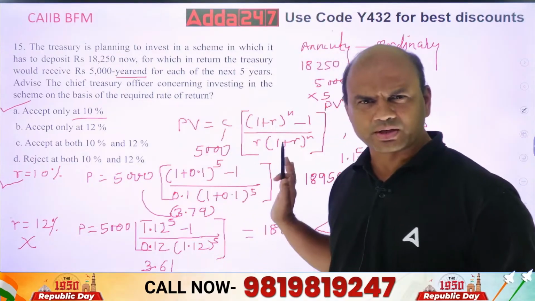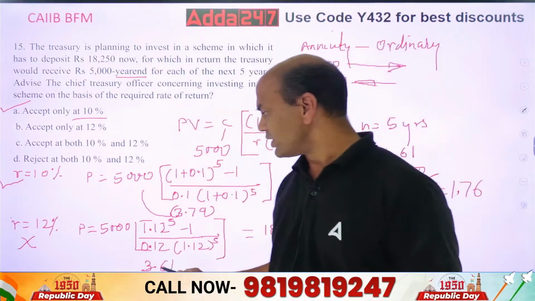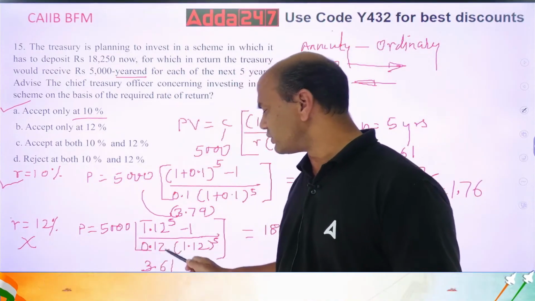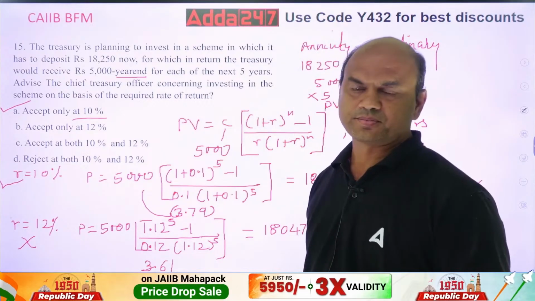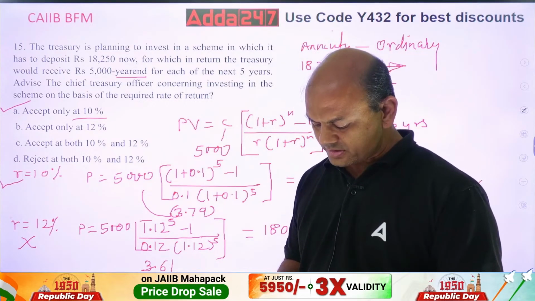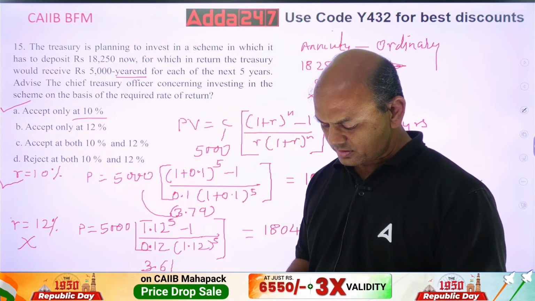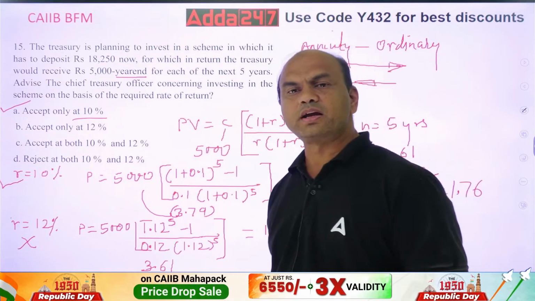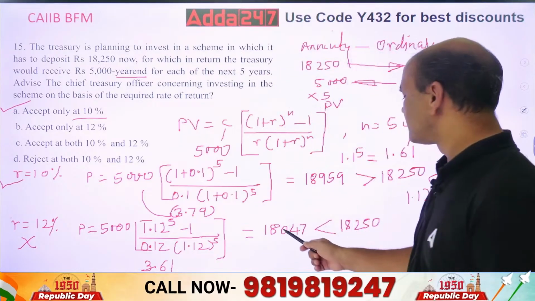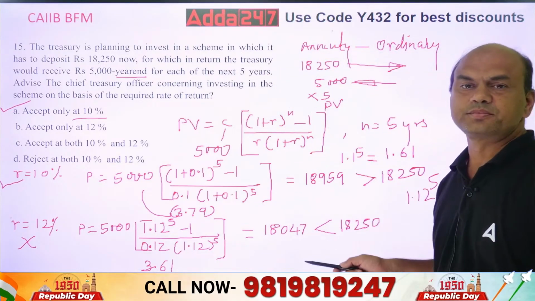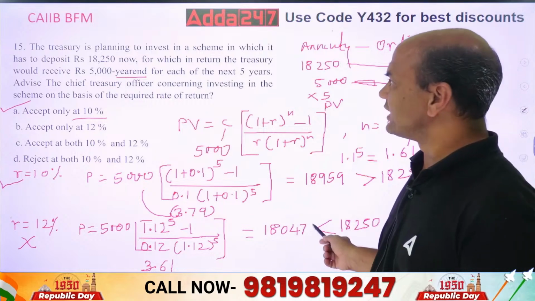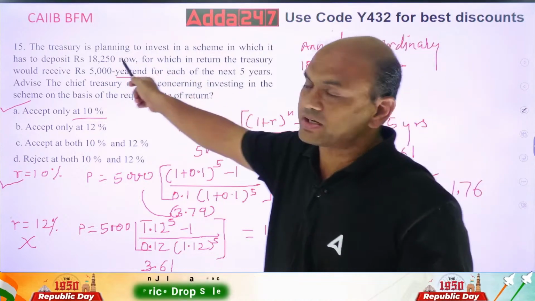Anything is okay. Okay? So multiply this 5000 into 3.61. What are you getting? I am getting it as 18,047. Now this is less than 18,250.